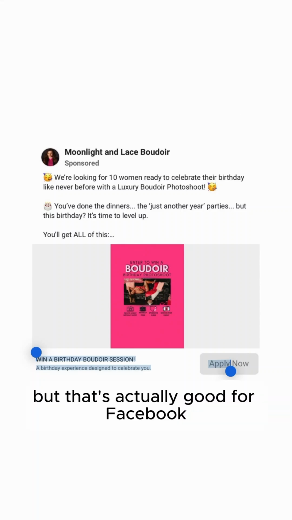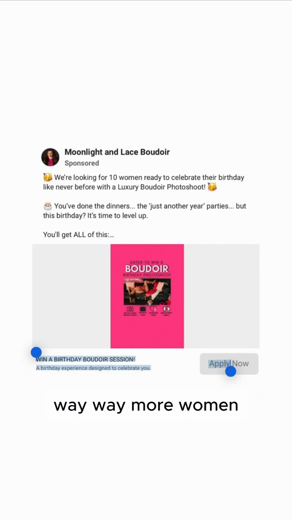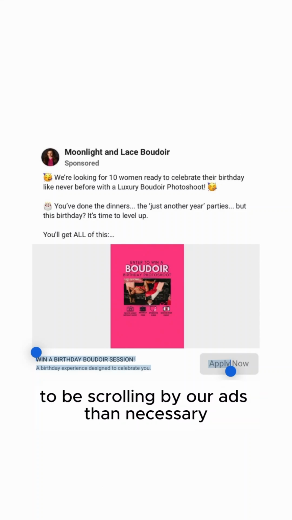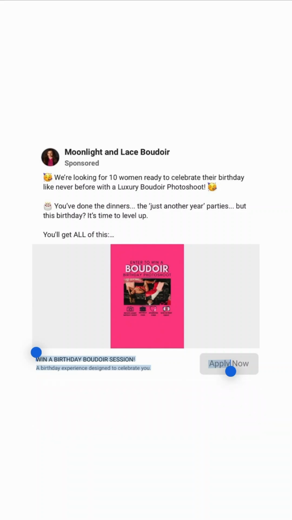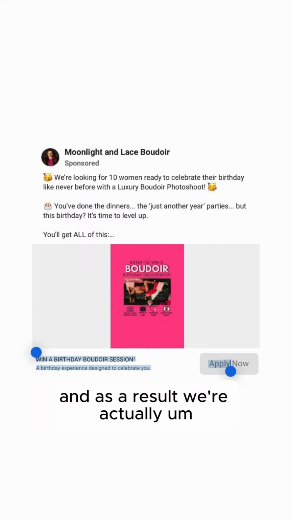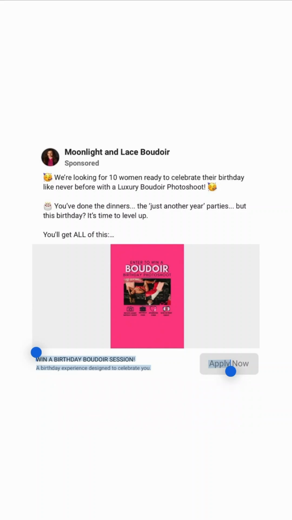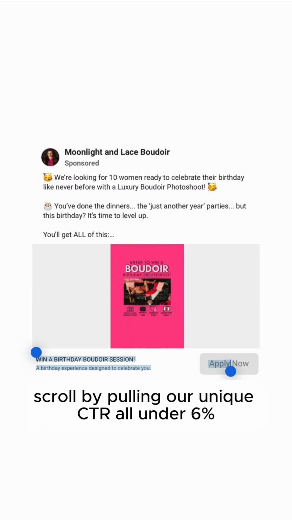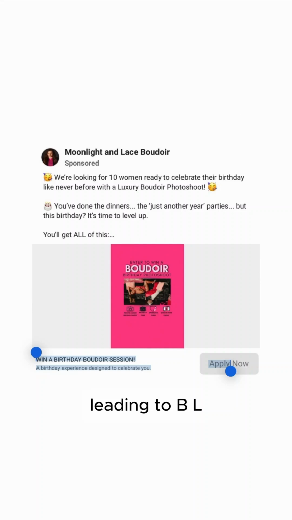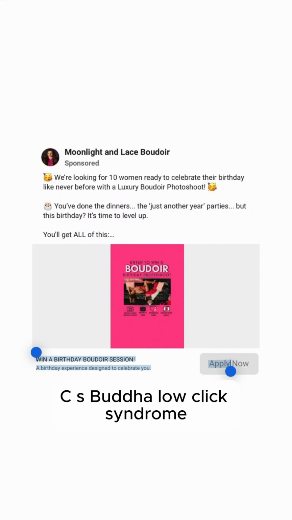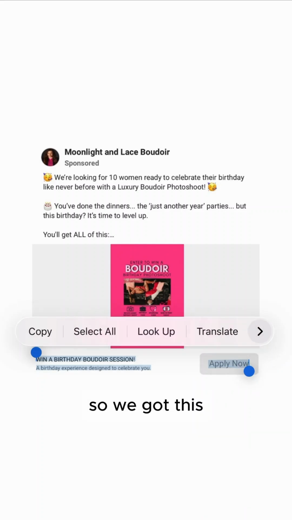But that's actually good for Facebook. It's bad for us because it causes way more women to be scrolling by our ads than necessary. And as a result, we're causing more women to scroll by, pulling our unique CTR all under 6%, leading to BLCS, Boudoir low click syndrome.